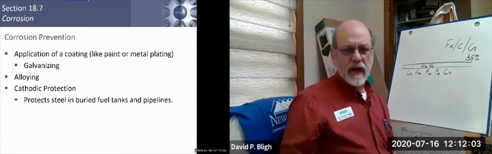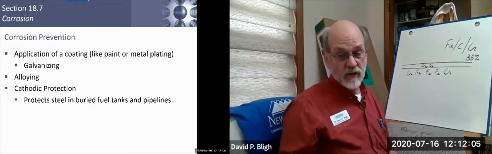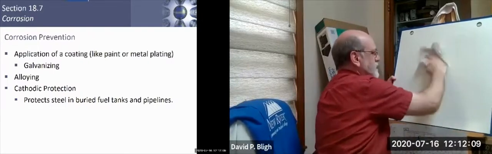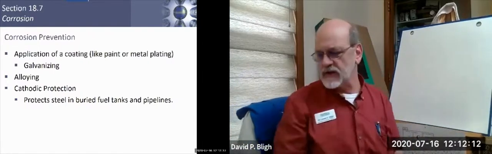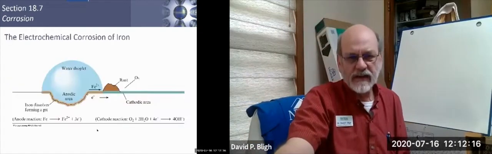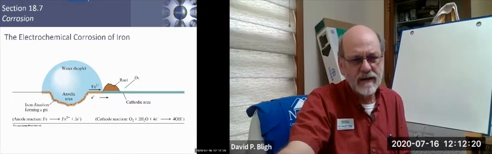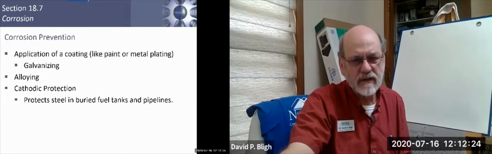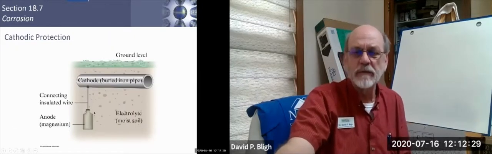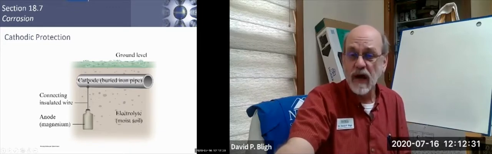So, and we talked about cathodic protection already, by using a sacrificial anode. And the next slide, let's see, here we go. So there's our sacrificial anode connected to the buried iron pipe.